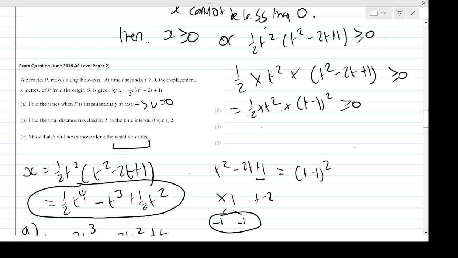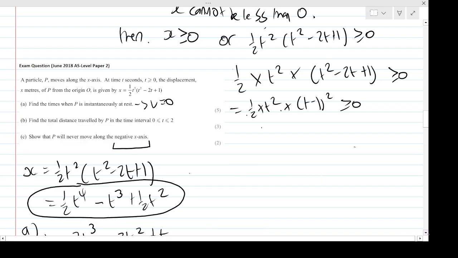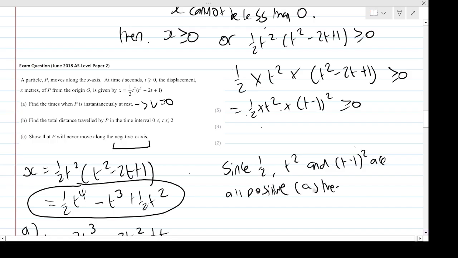So what I'm going to say then is that since a half and t squared and t minus 1 squared are all positive as they're square numbers, as they're squares, therefore that means the whole expression, x equals a half times t squared times t minus 1 squared, is also positive.